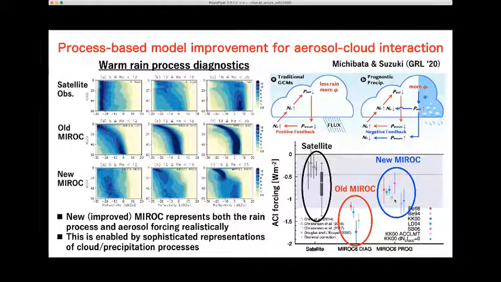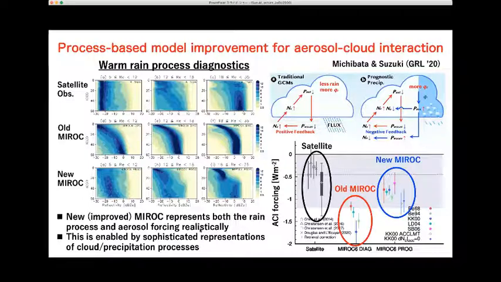Shown here is just a highlight of the results, but I won't go through the results here because they are complicated. The main message here is that the new improved model, particularly for the cloud and precipitation processes, supported by satellite observations, can represent both the rain process and aerosol cooling impact realistically.